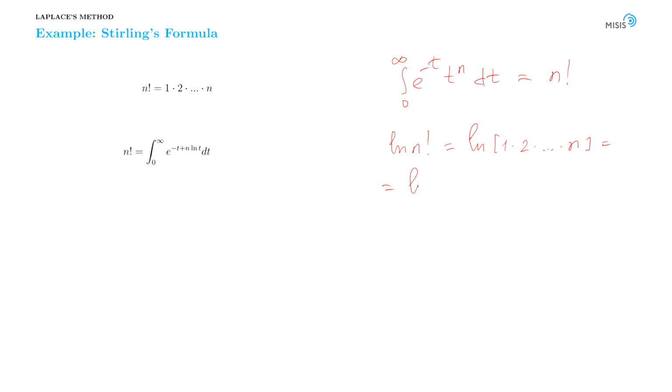And by well-known properties of the logarithm, we immediately realize that this is a sum of logarithms of integer numbers. And here we go with our first approximation and substitute this sum over integer numbers by an integral. This is a standard approximation, which we now employ in the following form.